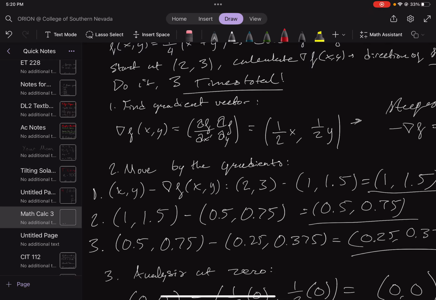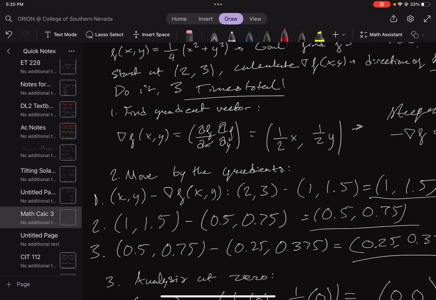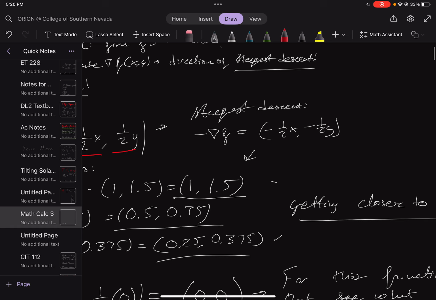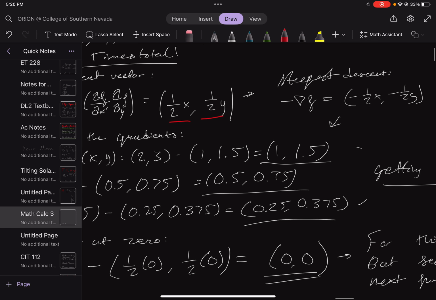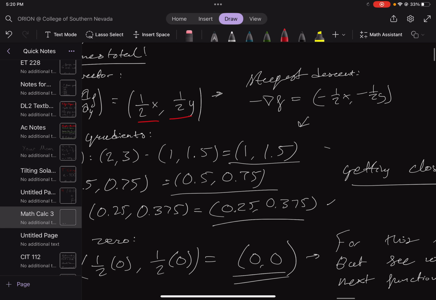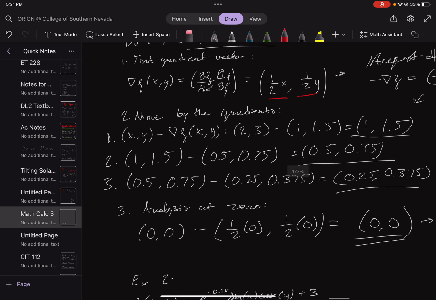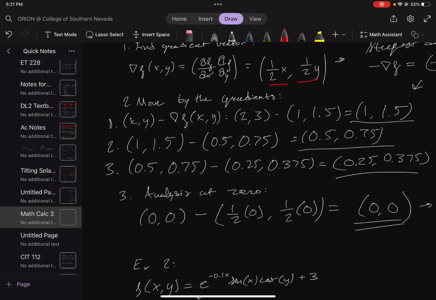We find f sub x and f sub y, and we find those values right here. Those are our steepest descents. The steepness of them is measured by the new formulas, the partial derivatives of each.